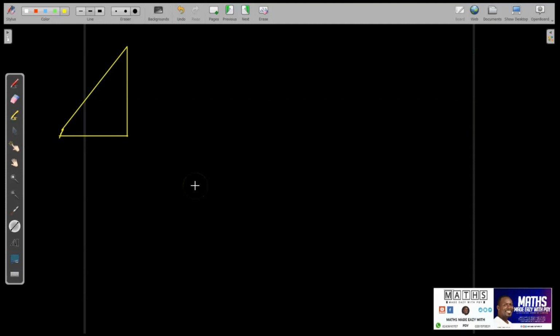But you know, because we are dealing with a right angle triangle, then we are going to consider what we call isosceles right angle triangle. So it should be a right angle triangle, but it should be isosceles as well. So two of the sides must be equal so that their base angles will also be equal.